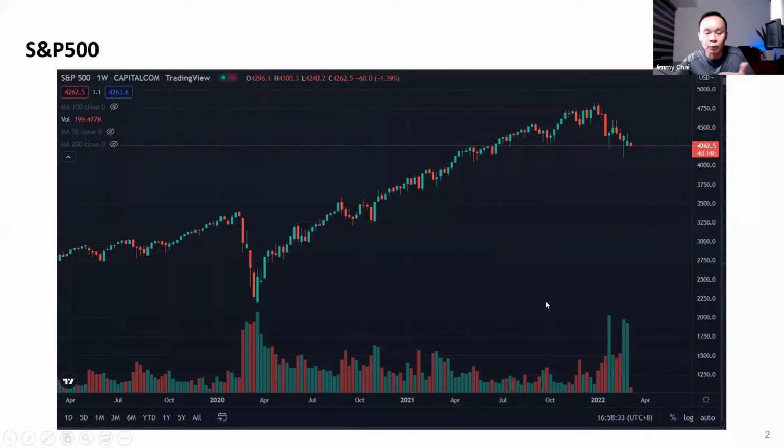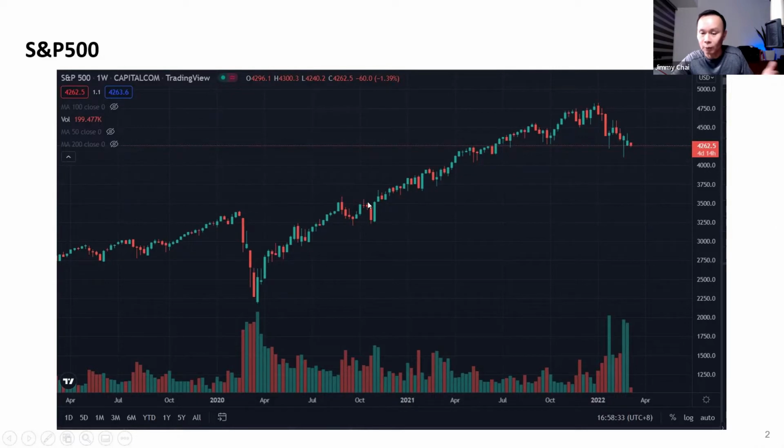If I stretch this timeline longer, over the last 30 years, the S&P 500 has continued to grow at an annualized 11 to 12%. So the S&P 500 is one of those passive indexes that you can invest in, which will continue to give you this kind of return on a yearly basis.